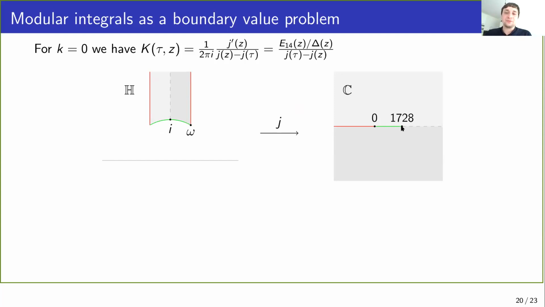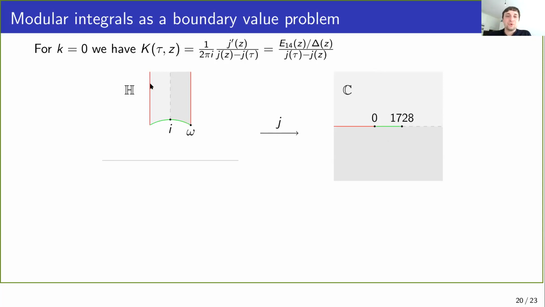And what you get is a cut plane. There is also this dashed line here, so you map the light hyperbolic triangle on the left to the upper half plane and the dark hyperbolic triangle to the lower half plane. And then you choose the values of i and omega to be 0, 1728, and 0. And actually, you already know this conformal map because it's given by the J invariant.